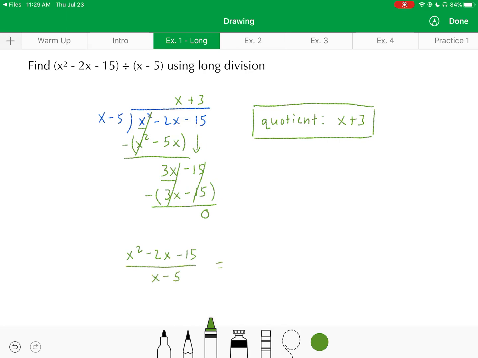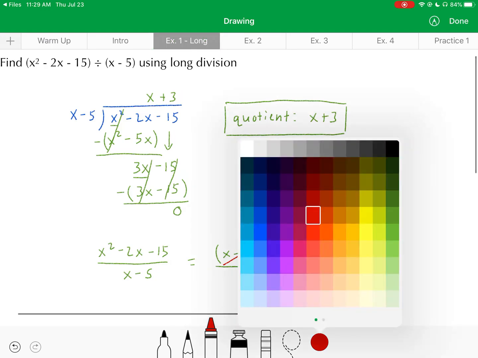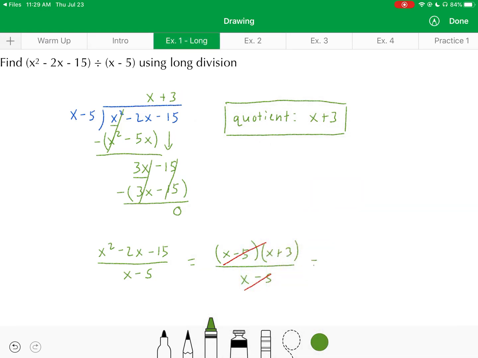And then that numerator, that quadratic, is factorable to x minus 5 times x plus 3. And notice, once you think of the factored form, you can reduce away the x minus 5s, and you're left with x plus 3. So there's an alternative approach, but again, it's only going to work when the divisor or the dividend are factorable. Okay.